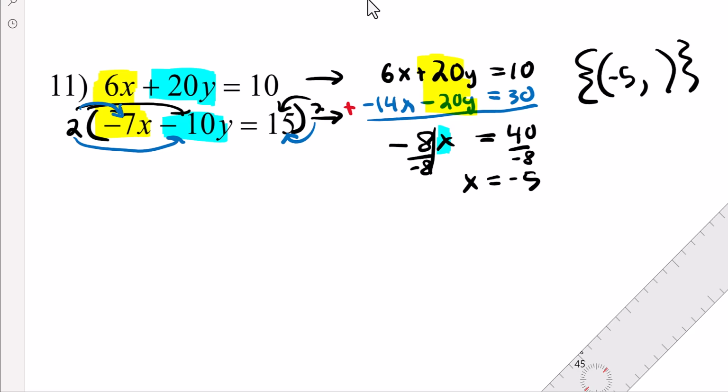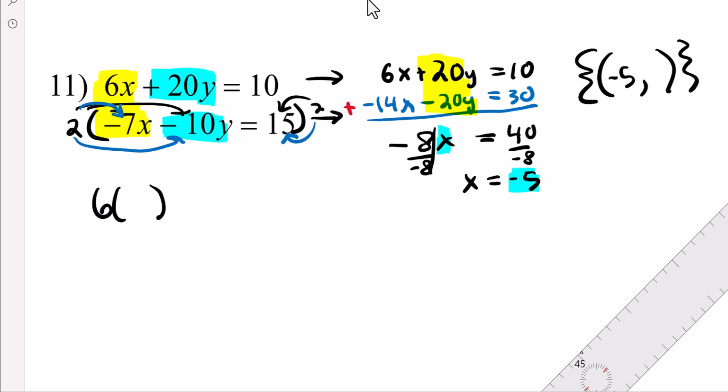Now we have to find the y value. I'm going to take that top equation, 6x. Remember, we know the x. Oh, I color-coded weirdly. I put the y's in purple. Okay.